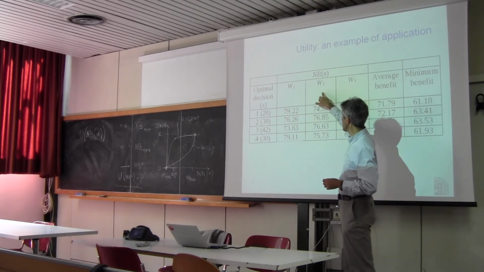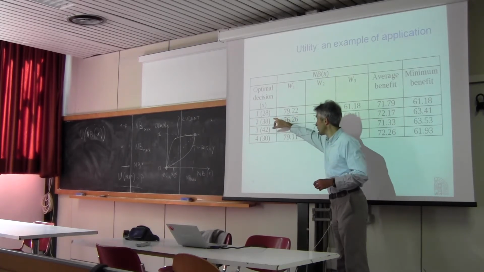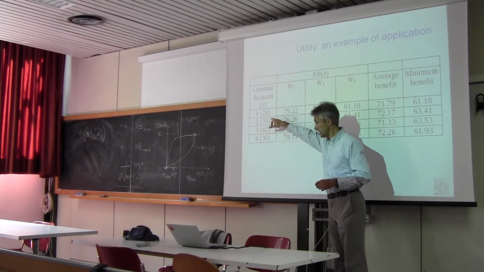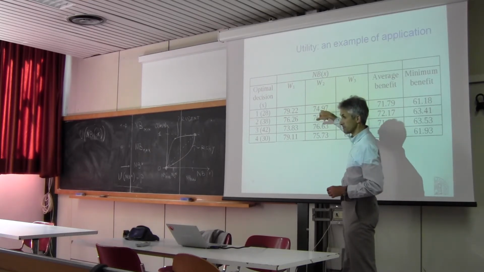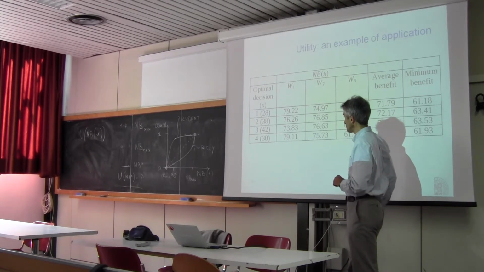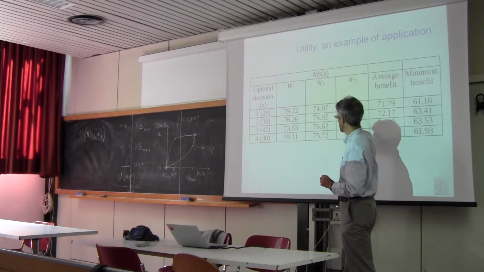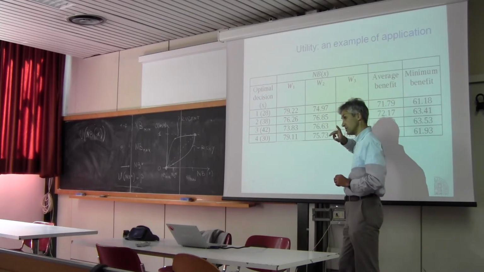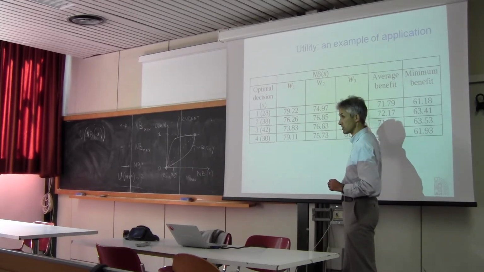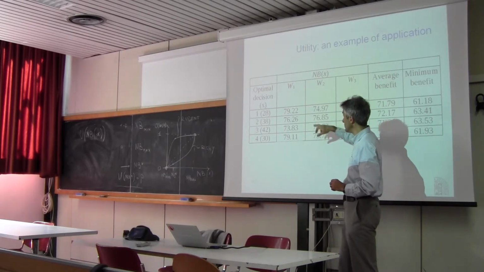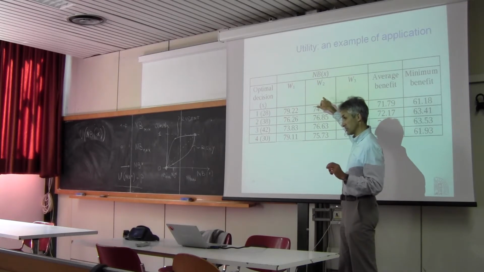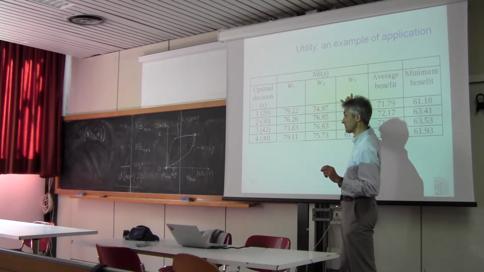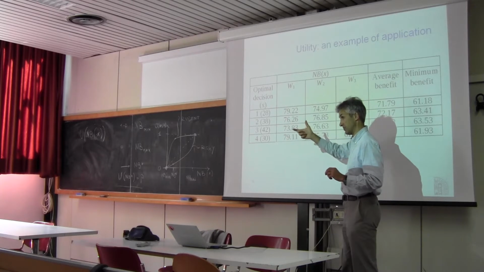If you change and you compute the benefit for the allocation of 28 with the other two parameter vectors, you get different values. Not necessarily are these different values lower. In this case, they are lower, but they could be higher, because I remind you that if you take the optimal decision for W1 and you change the vector of parameters to W2 and W3, you could get an increase of the benefit.